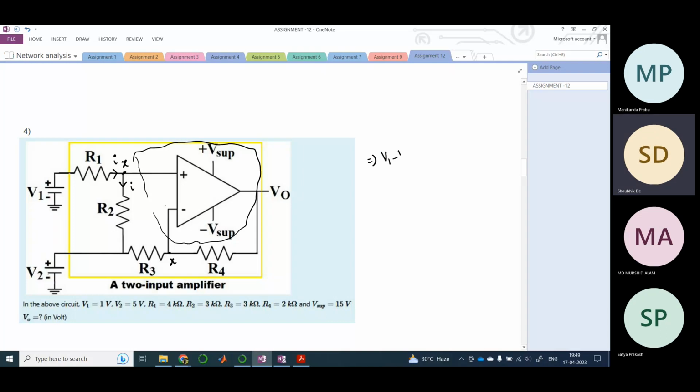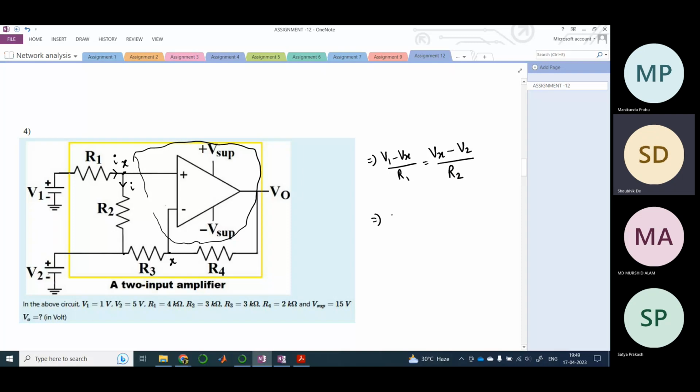V1 minus Vx divided by R1 is equal to Vx minus V2 divided by R2, where the potential at node 2 is V2. So therefore you can directly find out Vx.